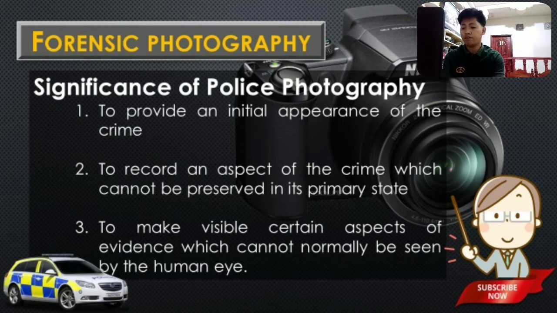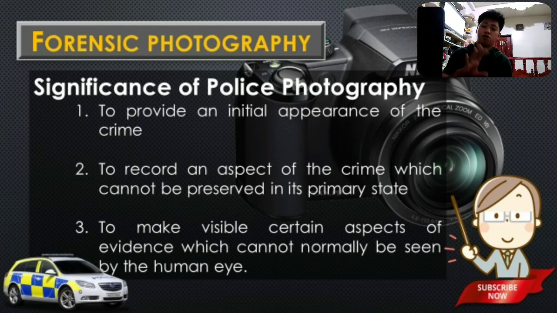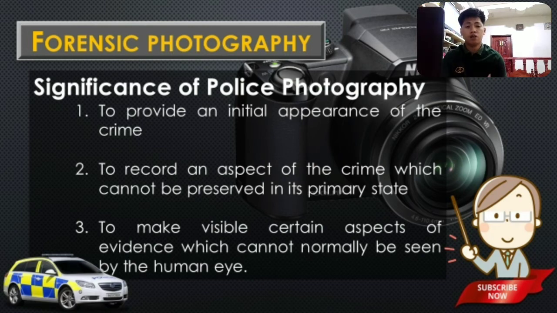Then we also have here, to record an aspect of the crime scene which cannot be preserved in its primary state. There are instances where evidence is highly perishable. It easily disappears, it is easily distorted. Say for example, a vehicular accident or traffic accident.